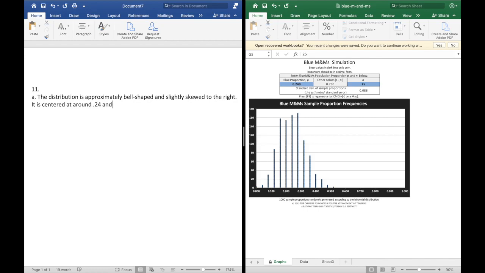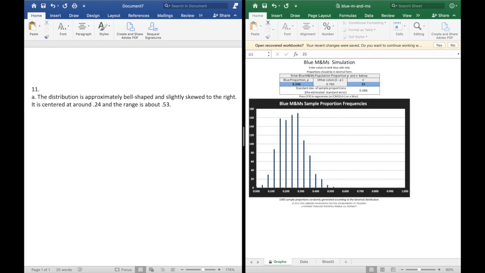And the range, what's the range here? Oh, it looks like we have a dot at 0 and also a dot a little bit above 0.5. So maybe we'll say the range is about 0.52, or maybe 0.53, let's say 0.53. Okay, so that's our part A.